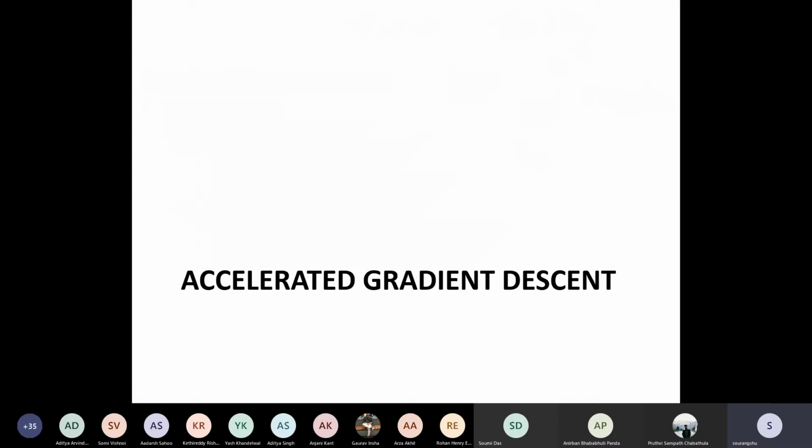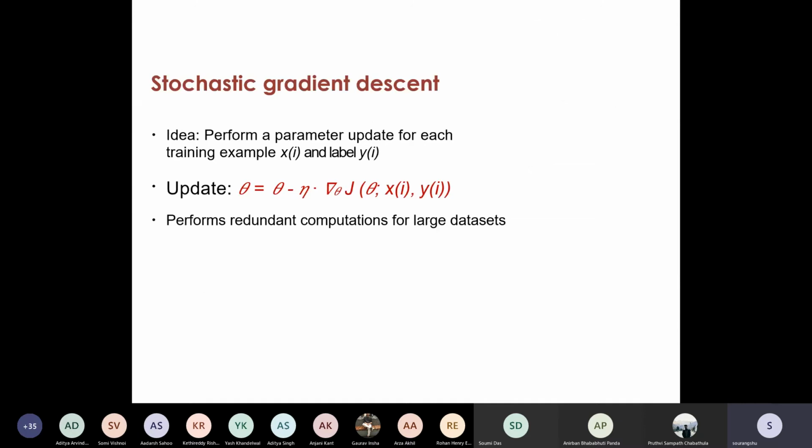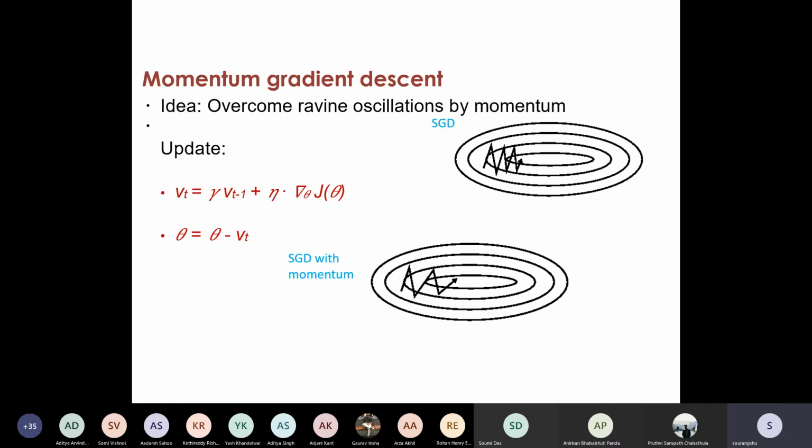Up till now we have seen stochastic gradient descent. But the stochastic gradient descent method sometimes performs redundant computations. So what are the sources of redundant computations? The first source is overshooting. Consider an objective function which has contours something like this.